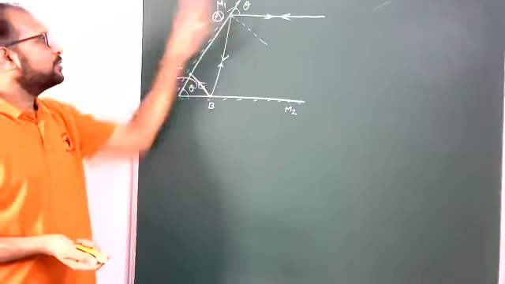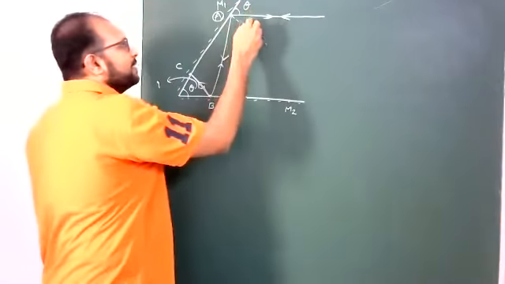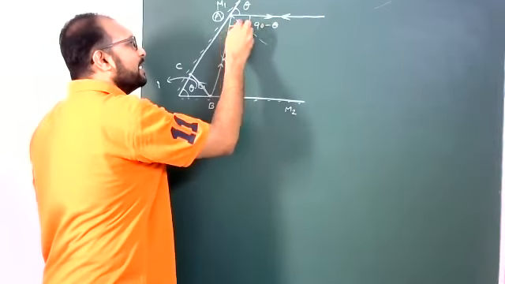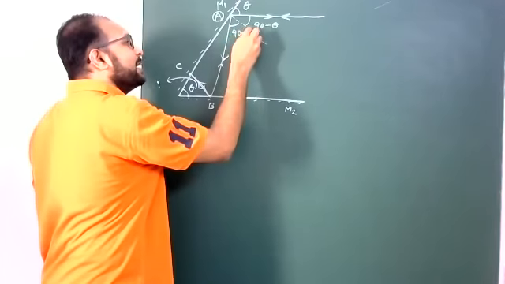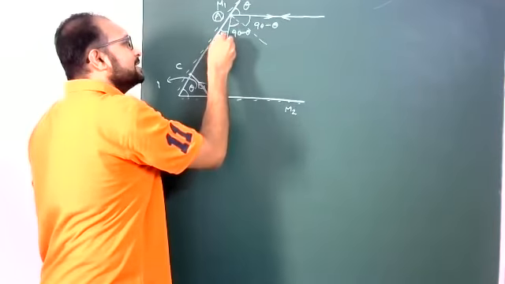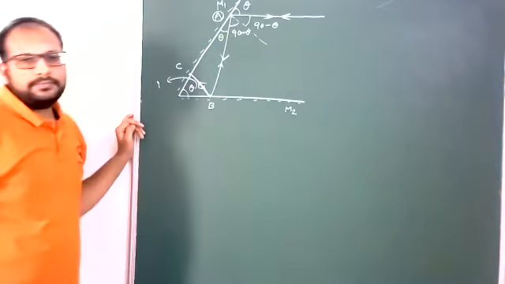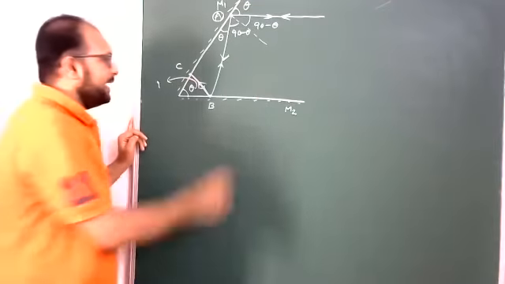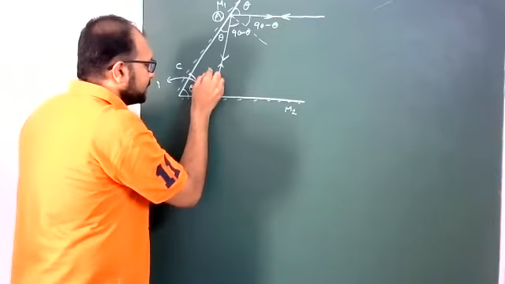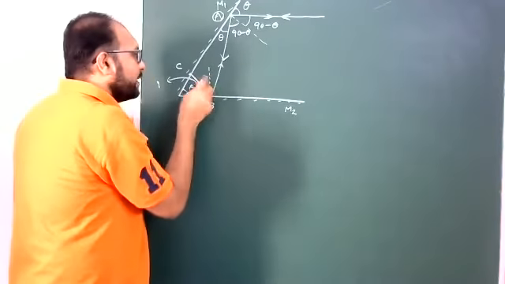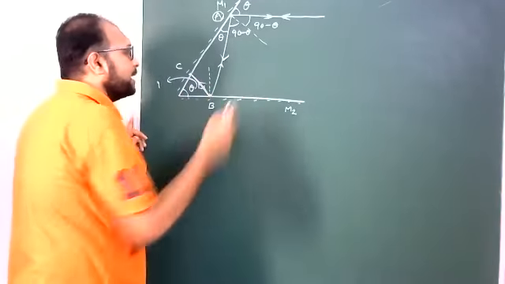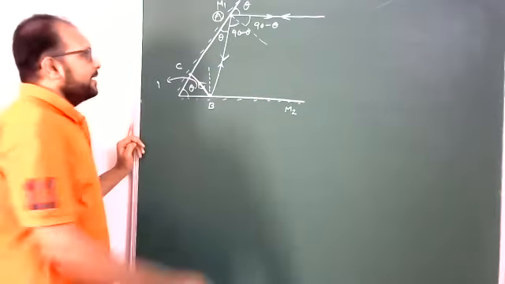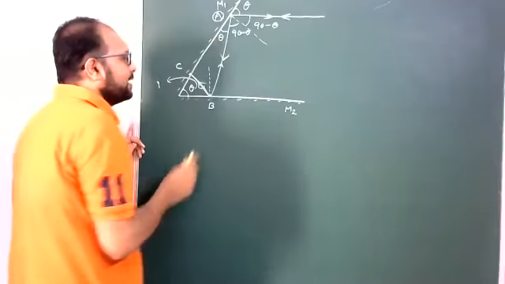It is normal to the mirror, that's why this is 90 minus theta. It is again 90 minus theta. This is again theta. Observe the angles carefully. Then later here, it is again normal to M2. Normal. Right. Here theta.